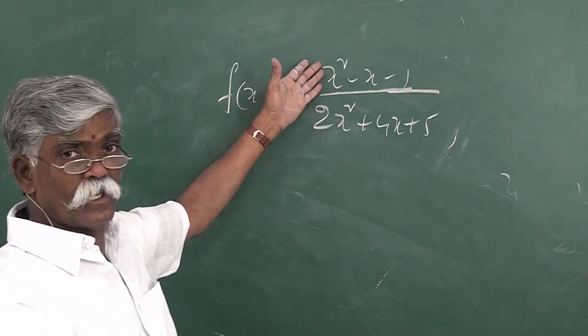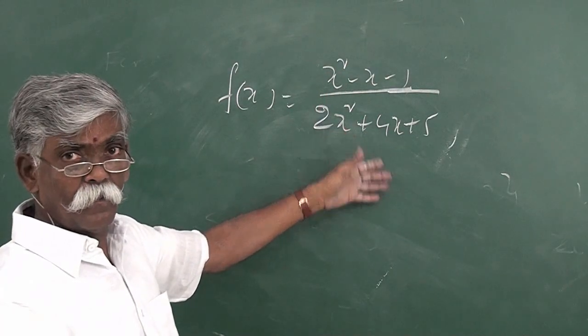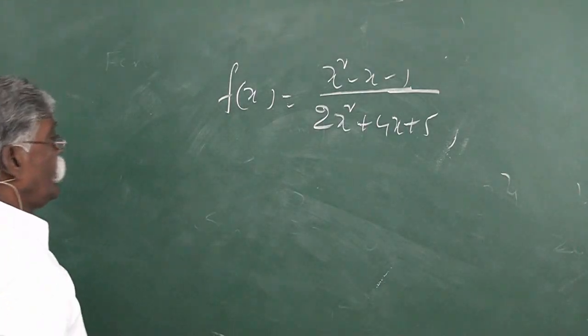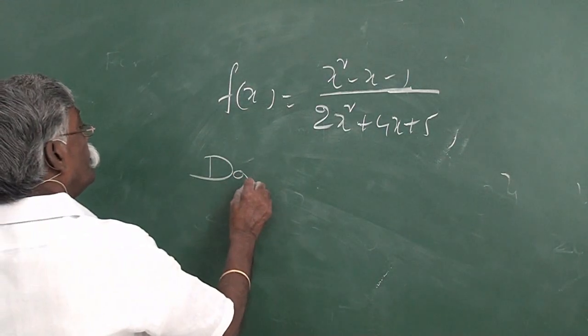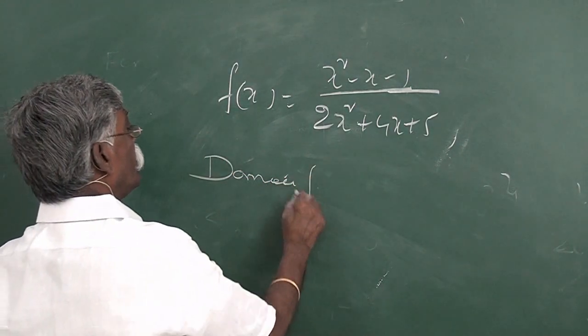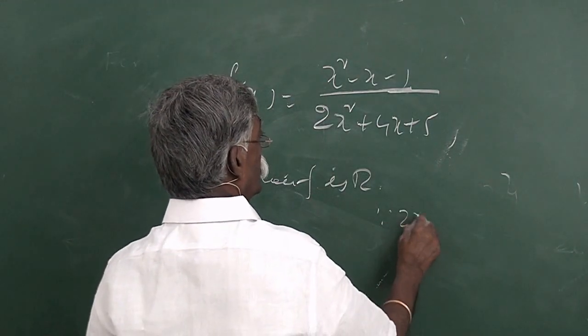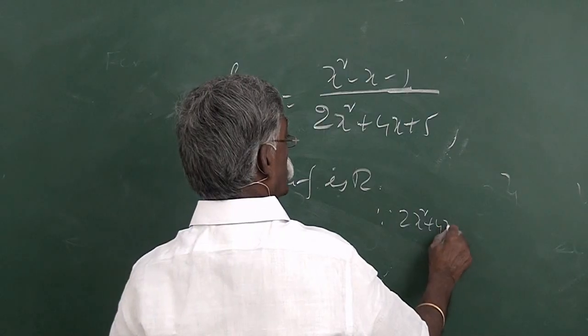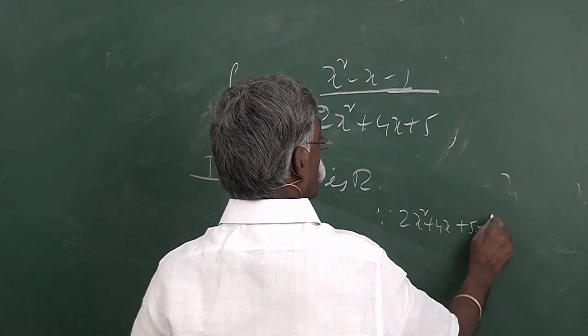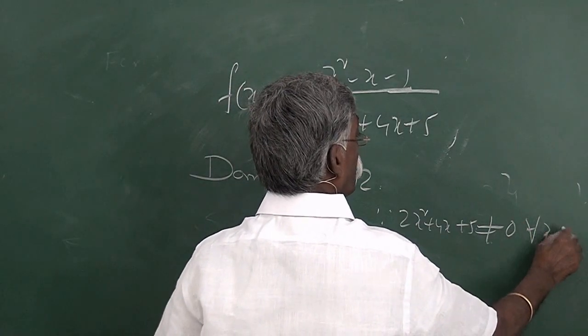Therefore, the domain of f is capital R, since 2x square plus 4x plus 5 is not equal to 0 for every x belongs to R.